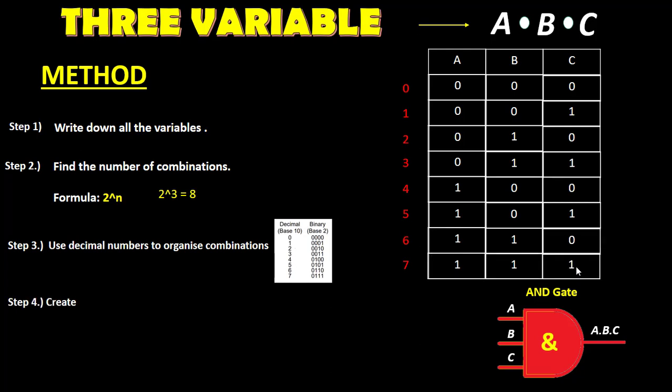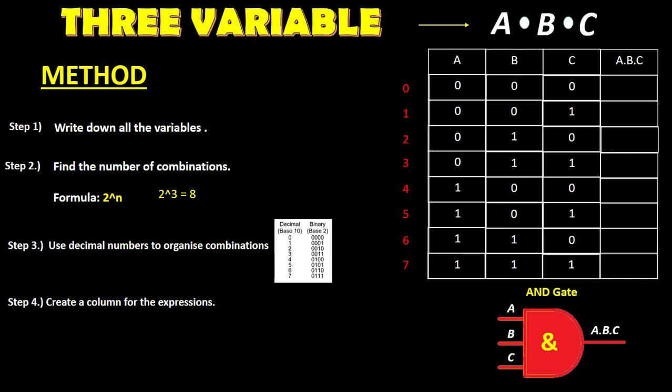Now for step 4, we create a column in our truth table for the expression A and B and C. So now we've done that. And step 5, we basically just evaluate the expression. So for the expression A and B and C, inputs A, B and C all need to be true.